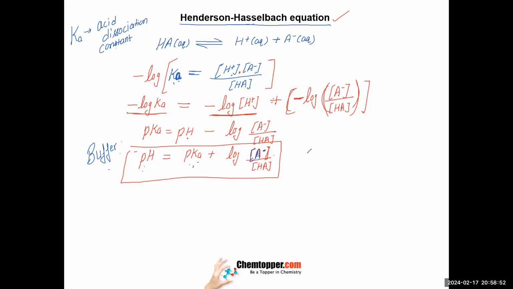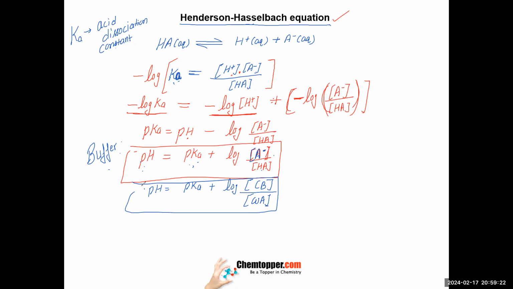A minus is the concentration of the conjugate base, isn't it? This is the conjugate base of the weak acid. And what is HA? It is the concentration of the weak acid. This is the Henderson-Hasselbalch equation.